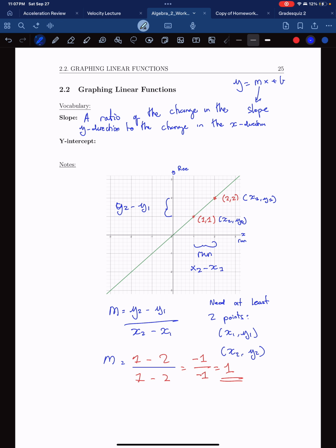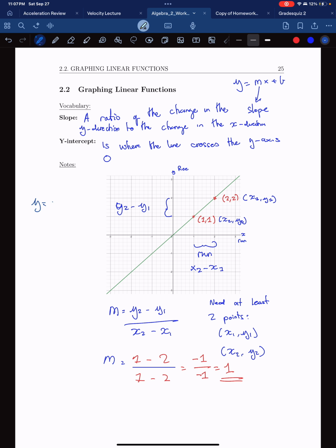And the y-intercept, which we have talked about a lot and was on your last quiz, is where the line crosses the y-axis. In our case, it's just 0. There's no fun formula for the y-intercept unless you really want to find it. You can solve for it algebraically.